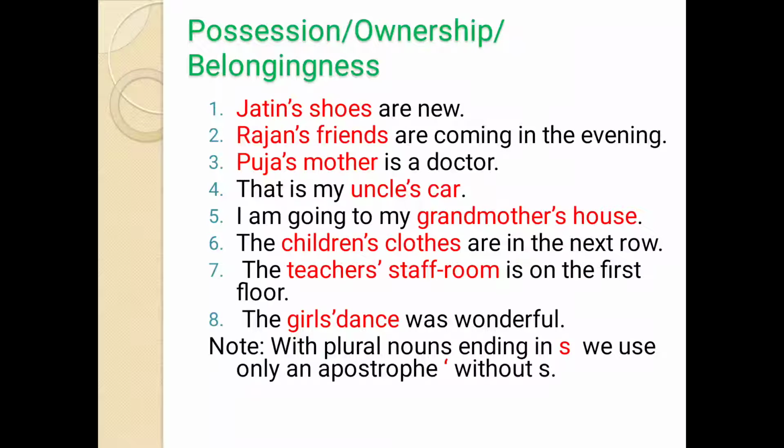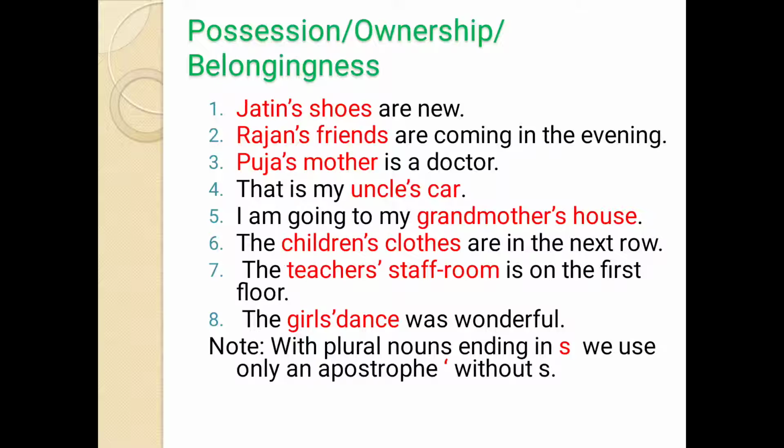Rajan's friends are coming in the evening. Friends किसके हैं? राजन के. Friends belong to Rajan. Pooja's mother is a doctor. Mother belongs to Pooja. That's my uncle's car. Car belongs to uncle. I am going to my grandmother's house. House belongs to the grandmother.